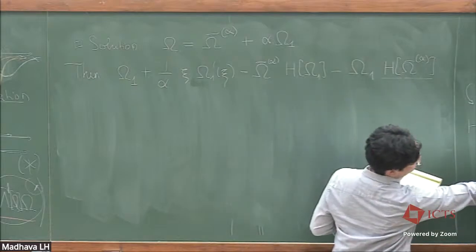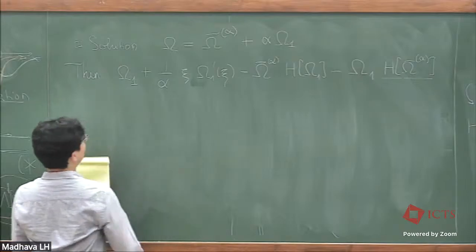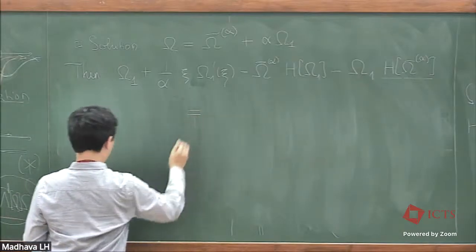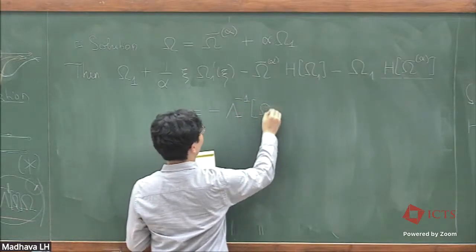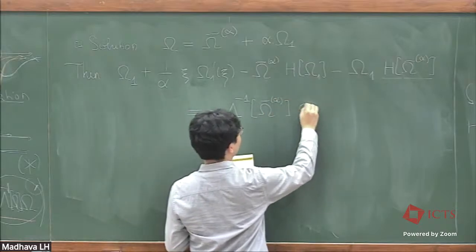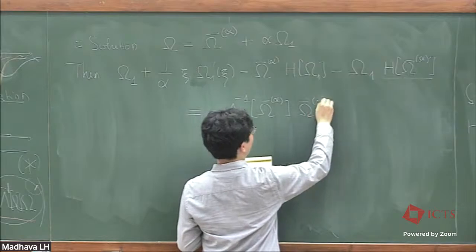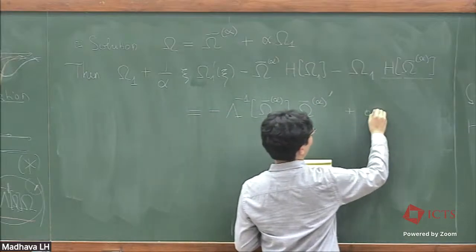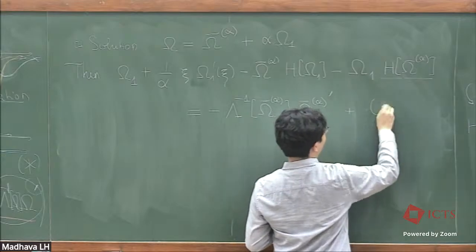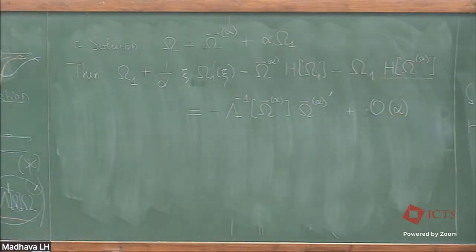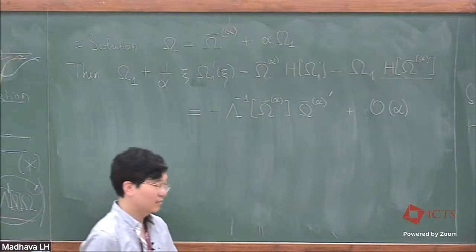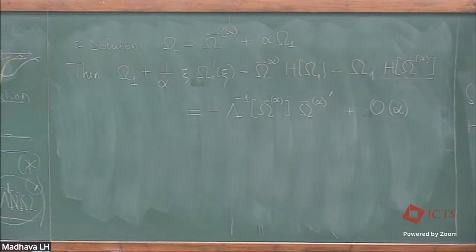This is the imaginary part of that f function, equals minus Sigmund inverse of the CLM profile times the derivative, plus terms of order alpha. I didn't skip any terms in this computation. We are actually almost done.